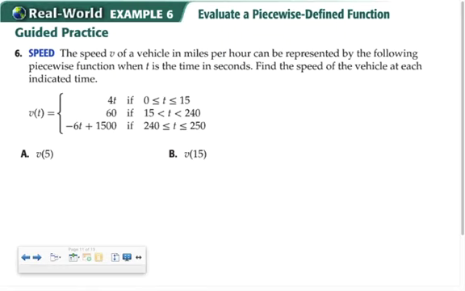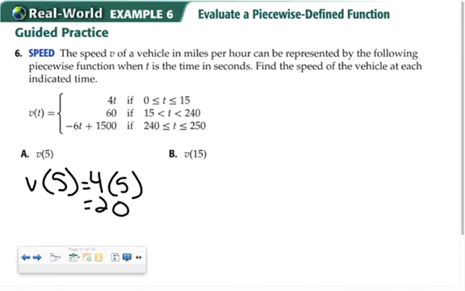Okay, so for part A, since my input 5 is between 0 and 15, the V of 5 is 4 times 5, which is 20.